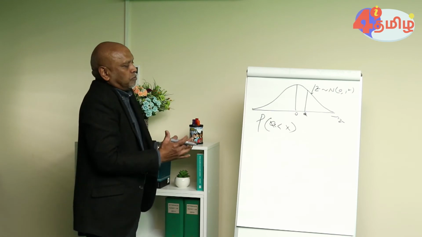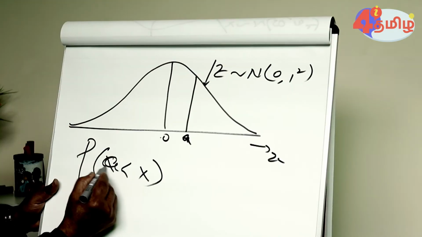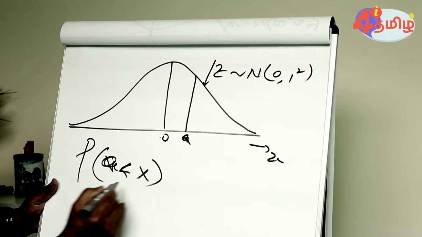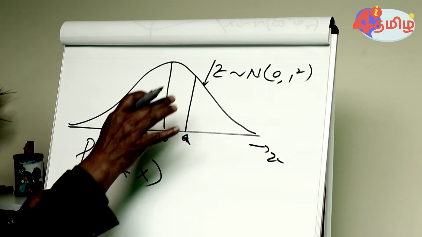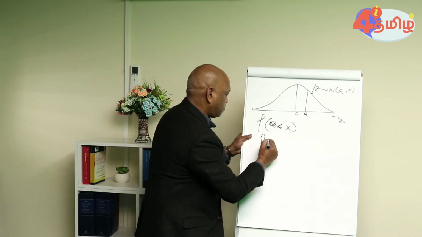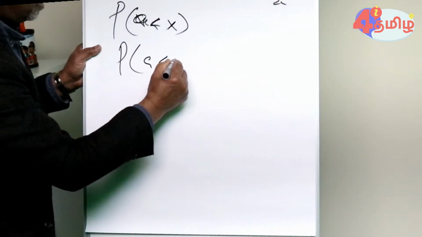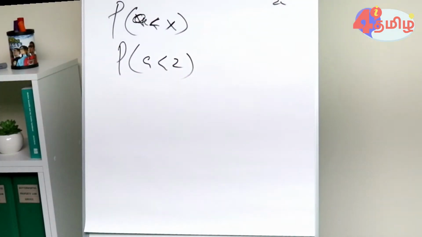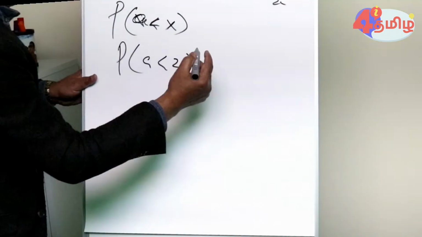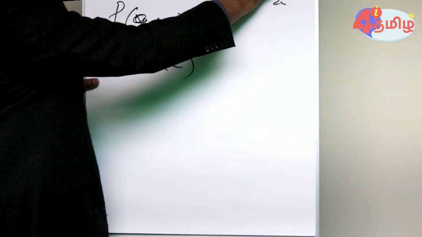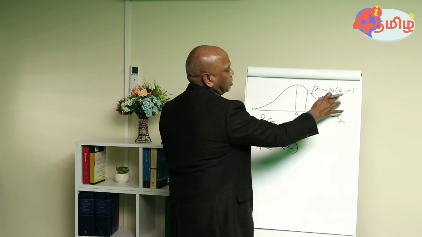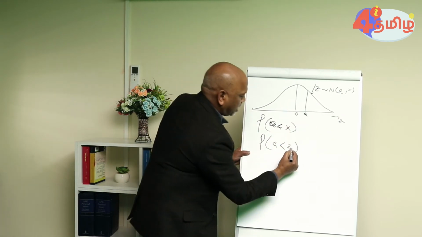If they ask you to find this, x less than a, or if you want to relate to this one, P(Z less than a). So Z is less than a. If they ask you to find a, you can actually find a, because when you come to z, you know the standard deviation and the mu, so you can find a easily.